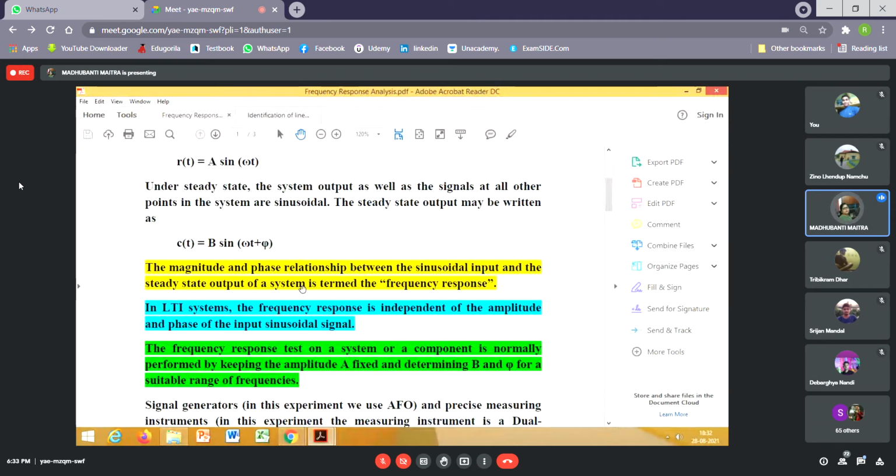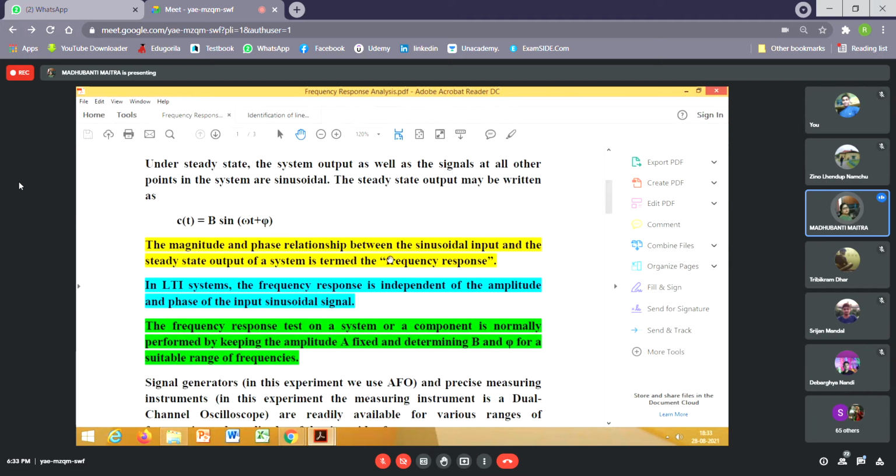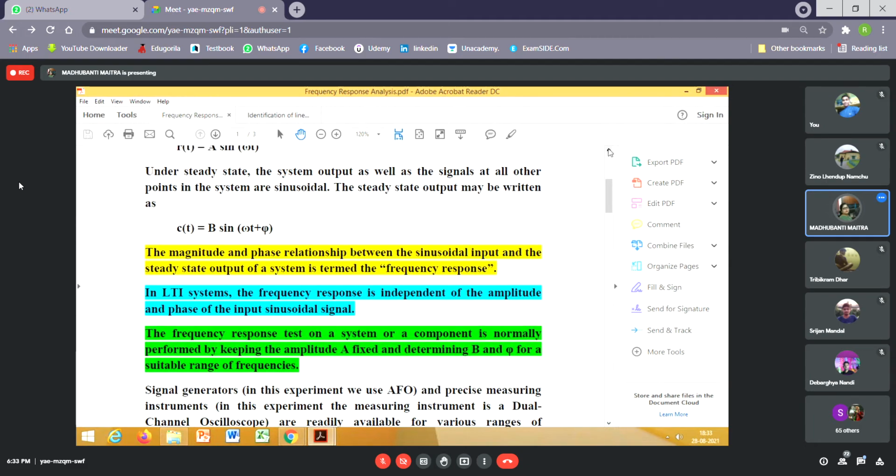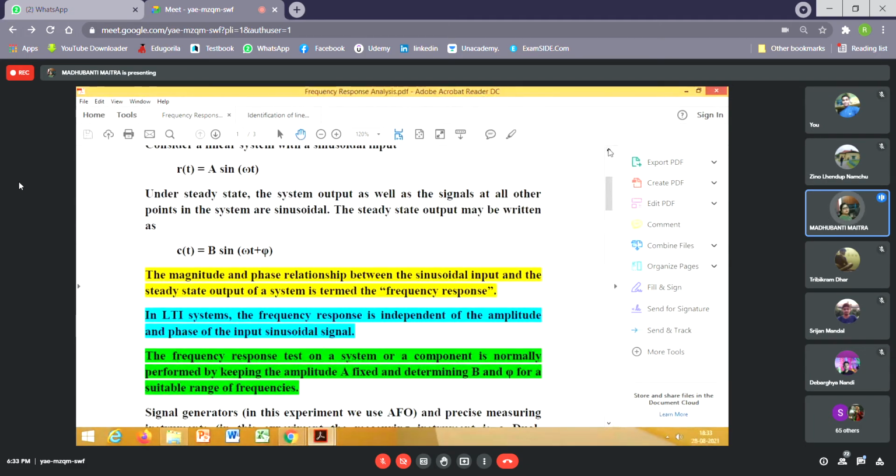It should be more precise if I add two more terms: versus frequency, is termed as the frequency response.